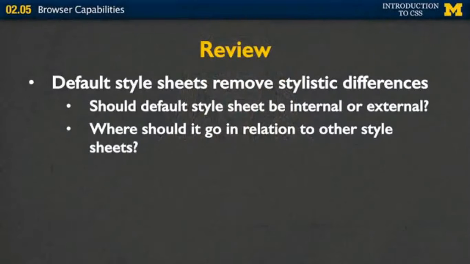So to review, when you start coding, when you start making style sheets, you're going to want to think about using a default style sheet to remove those stylistic differences. And when you do that, I need you to think about some things. So first, should that default style sheet be internal or external? And hopefully you all said external, because if it's internal, it's going to override all the other things you've worked so hard to do.